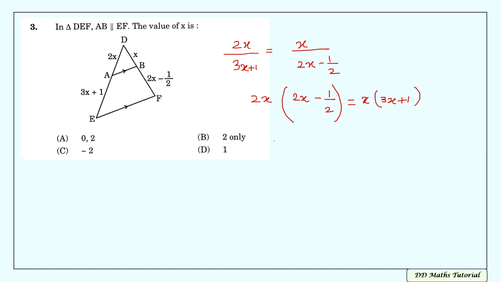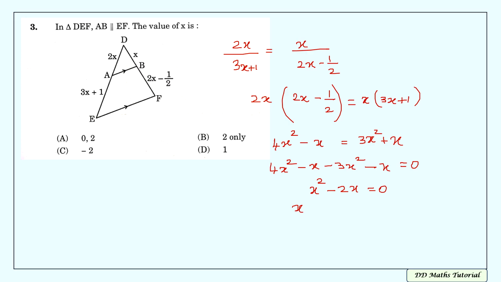So when multiplying inside, it is going to be 4x square minus x, which is equal to 3x square plus x. So 4x square minus x minus 3x square minus x is equal to 0. So we'll have it as x square minus 2x is equal to 0, which is a quadratic equation. When you take the x term in common, we'll have it as x into (x minus 2) is equal to 0.